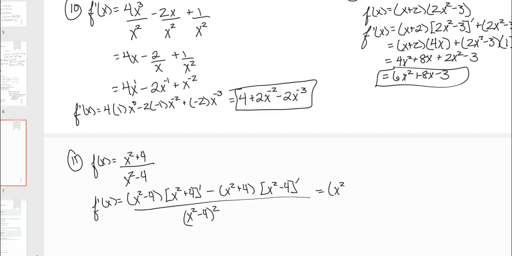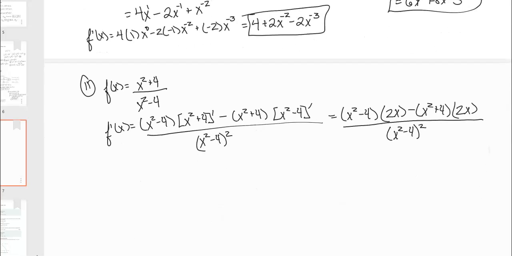So now we're going to take the derivative of the pieces here and here. So bottom times derivative of the top is going to be a 2x, minus top times the derivative of the bottom. The derivative of this would be 2x, all over x squared minus 4 quantity squared.